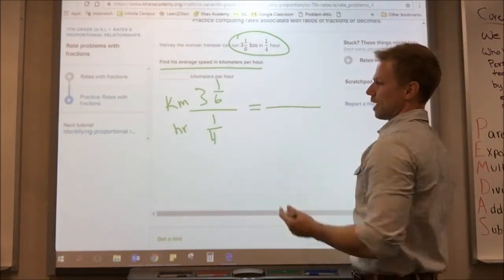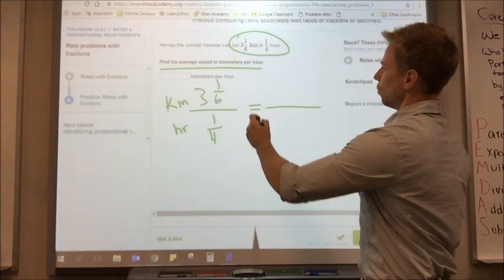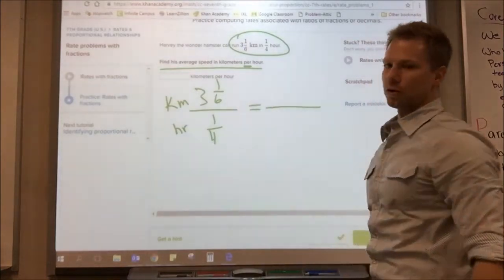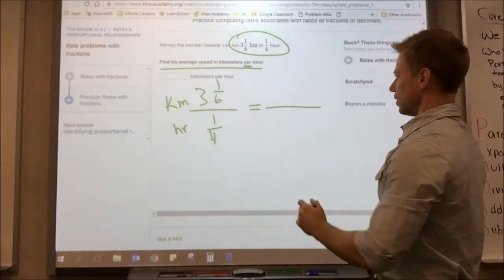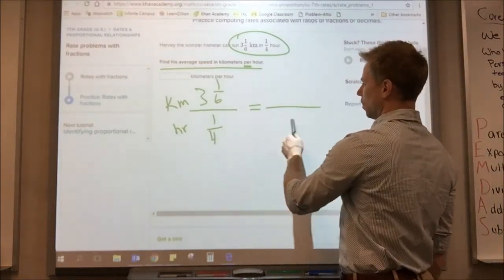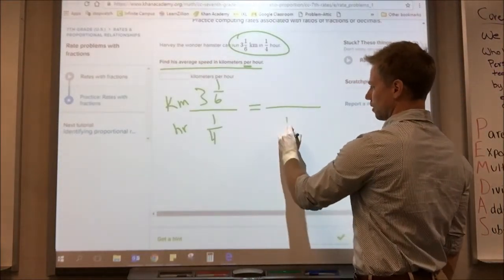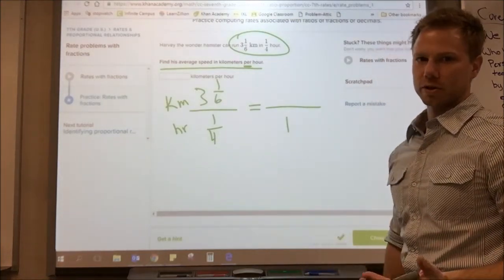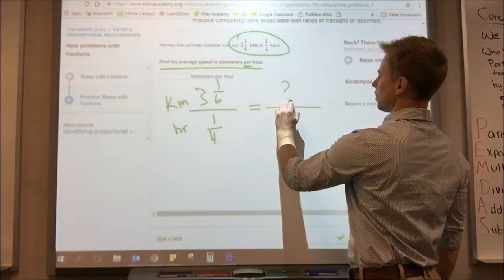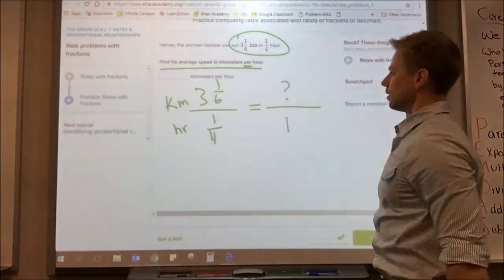So that means how many kilometers in 1 hour. That word per means 1. Okay? So we know it's 1 hour, so the 1 is going to go where the hours are, which is in the bottom. The question mark, how many kilometers, is going to go in the top where the kilometers are.